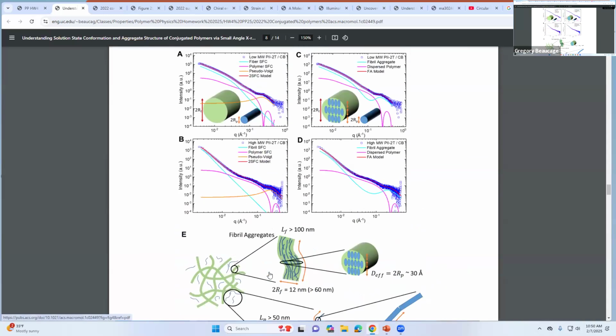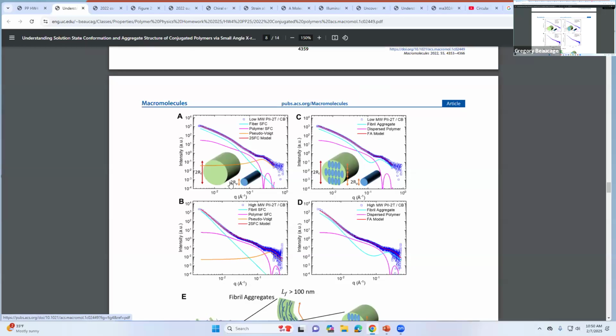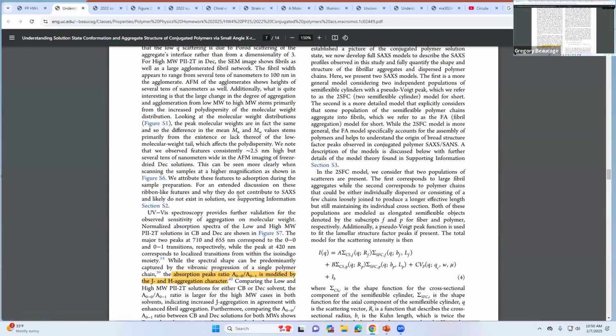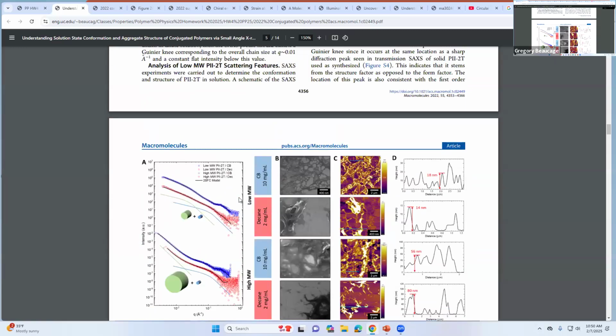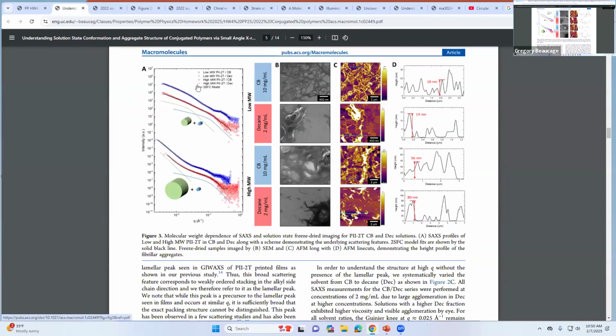If you look at different molecular weights, so they make these things at different molecular weights, when they're at a low molecular weight, they get what we just saw, like they have -1 here, -1 there, some kind of thing in between, this lamellar structure peak. Then when they go to high molecular weight, it doesn't look anything like it.